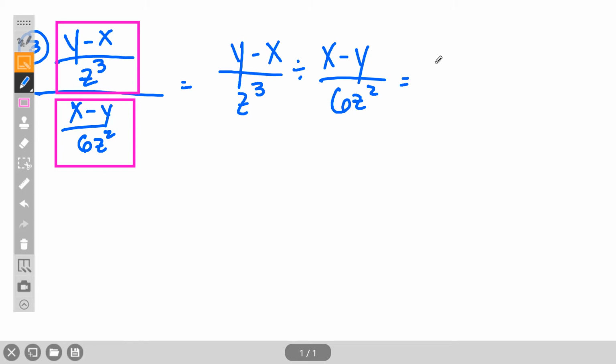So what I really want to do is write this as a multiplication. So y minus x over z cubed times 6z squared over x minus y. Okay, you multiply by the reciprocal. Now, real quick, let me put this in standard form because y minus x is not standard form. It should be negative x plus y.